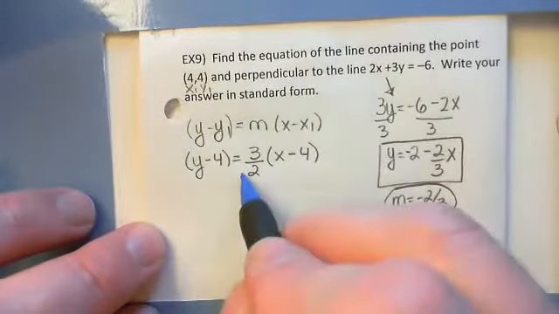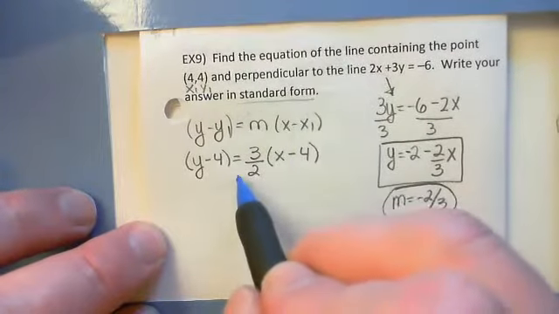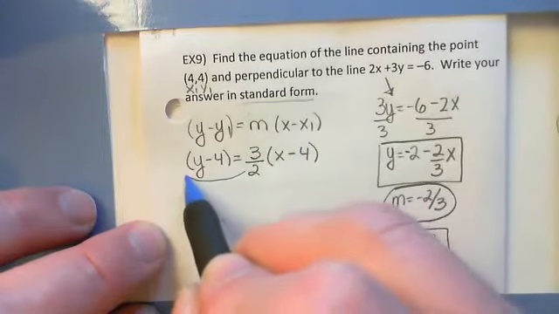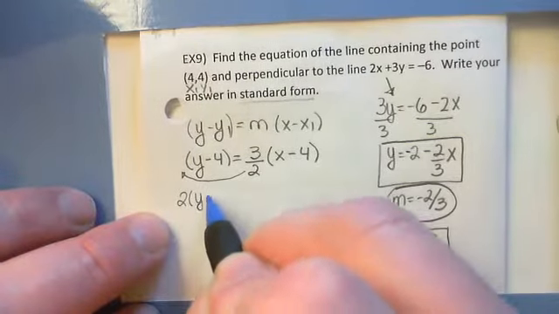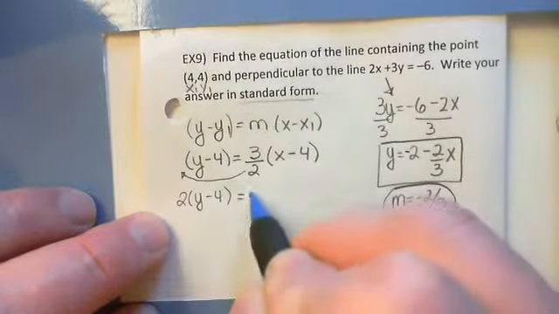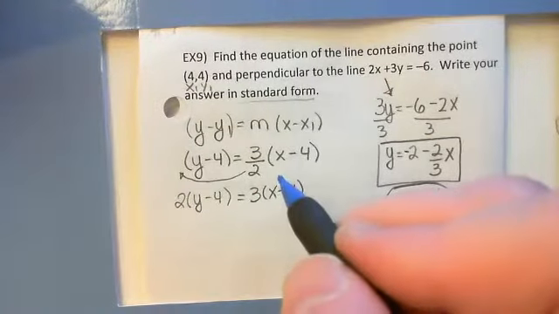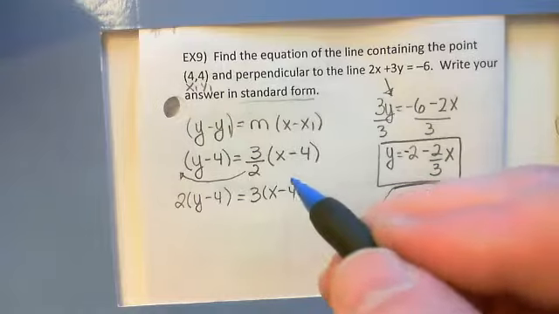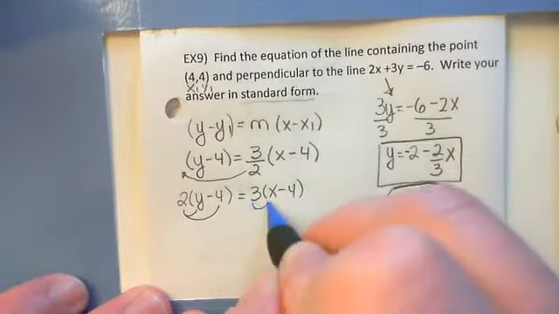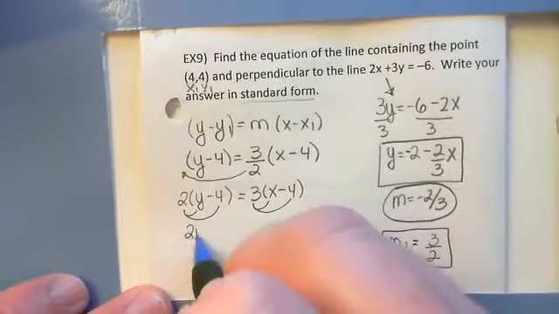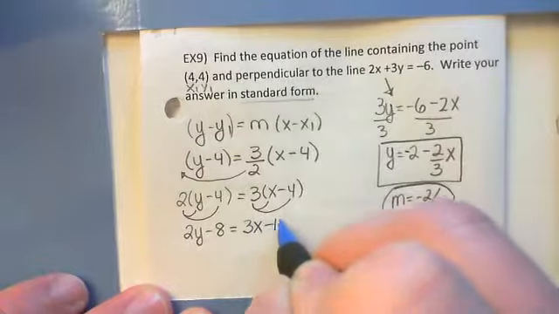Very well. Now let's solve, since the problem was in standard form. Let's first get rid of the fraction by moving the 2. This would be 2 times (y minus 4) equals 3 times (x minus 4). Now let's just use the distributive property. So this would be 2y minus 8, and this would be 3x minus 12.